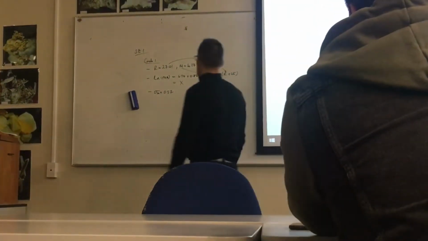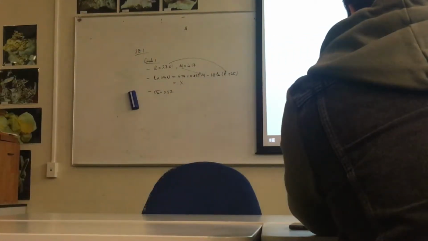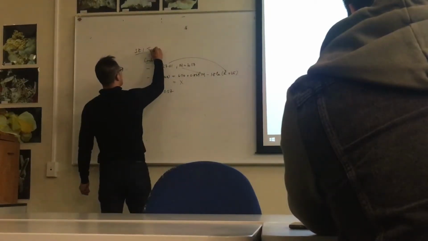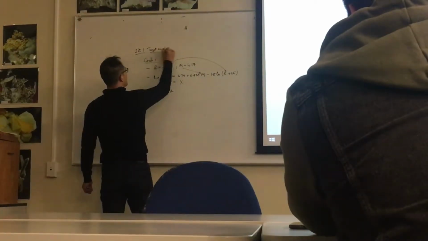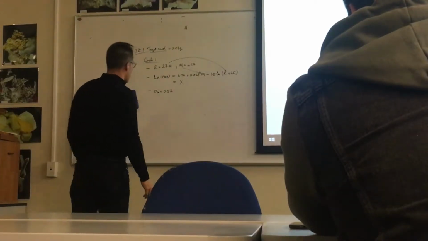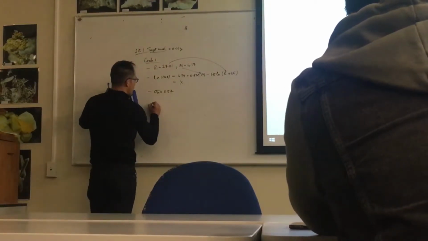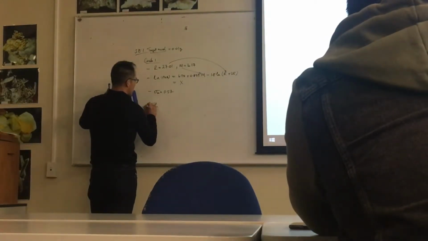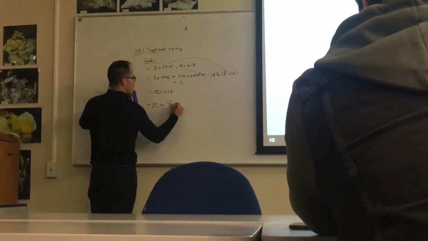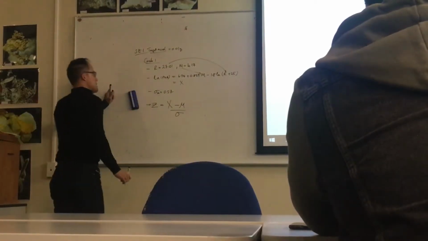What's the target acceleration we're interested in? The target acceleration equals 0.01 g. Remember for the standard normal curve, we have to calculate our z value, which equals the value minus the mean, divided by the standard deviation.